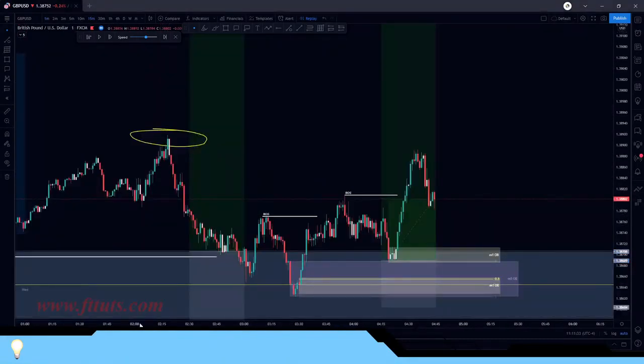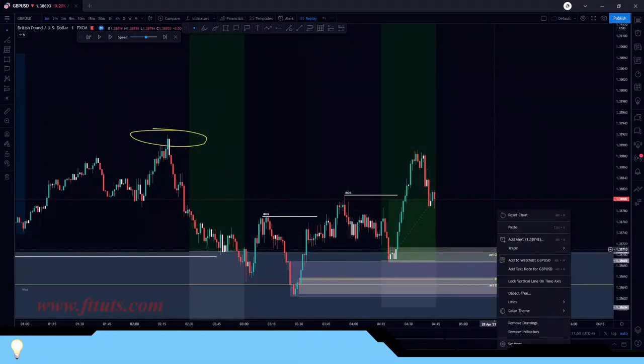Now me personally, I would much rather use extreme points when I look at the 1 minute time frame, and I understand that we did tap into this 5 minute order block. However, we failed to mitigate all of the imbalance here in price for price to completely mitigate all this inefficiency in price for price to move higher, right?